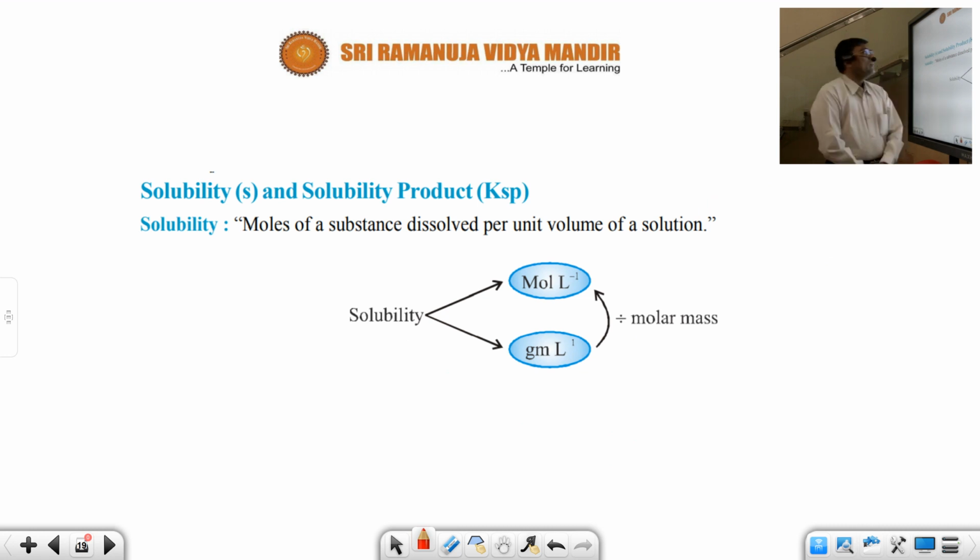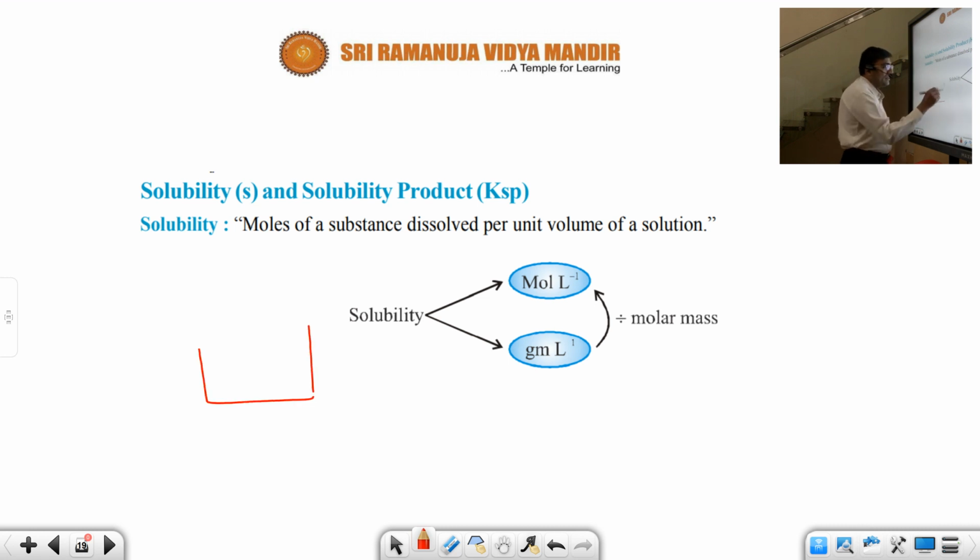Now let us get into a new topic, a very interesting and important topic, that is solubility product. First of all, what is the definition of solubility? Pretty simple.